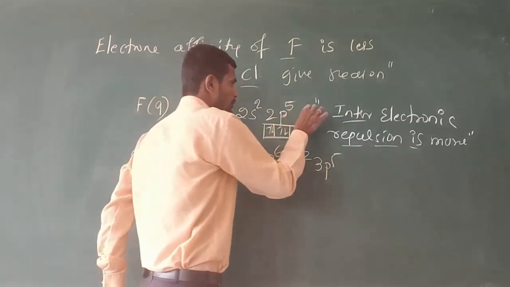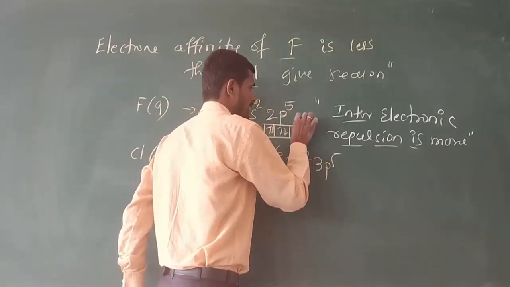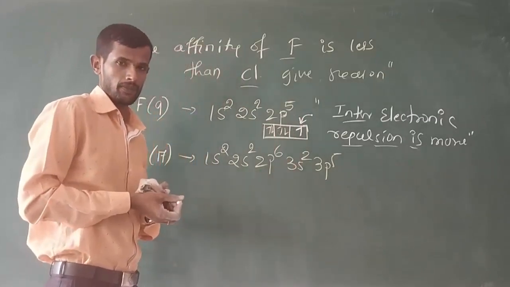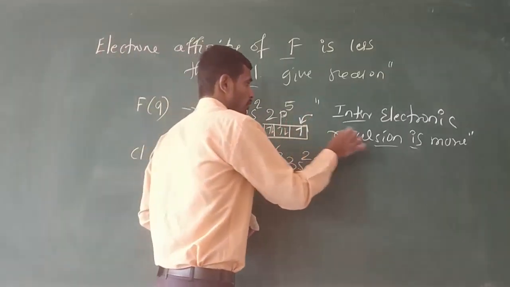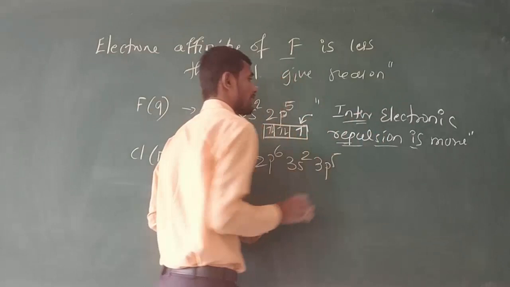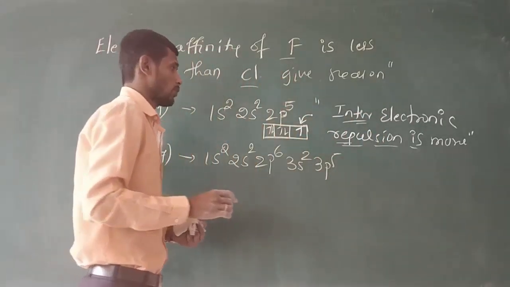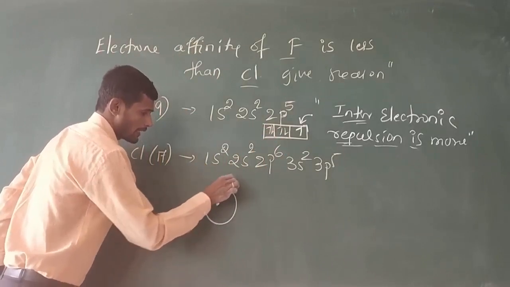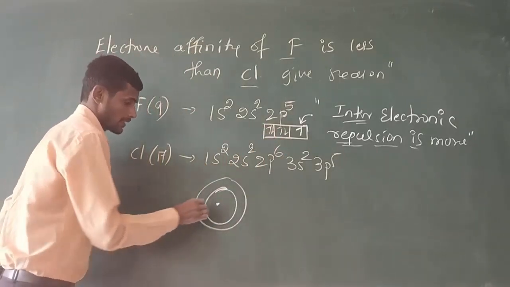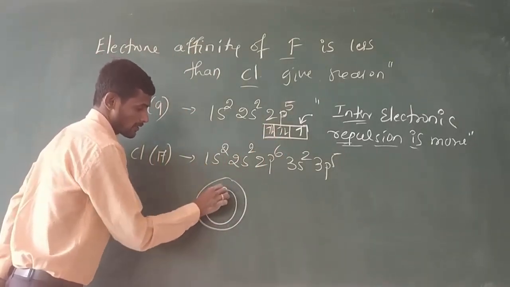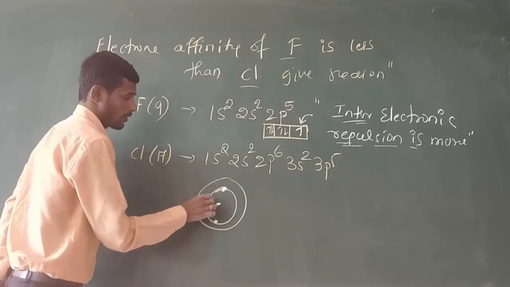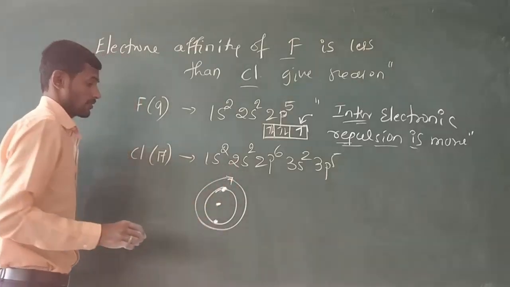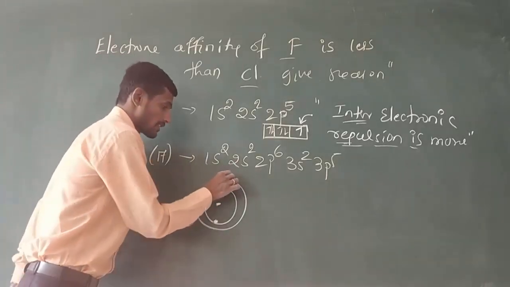Means, students, if you add an extra electron to this 2p orbital, at that time more inter-electronic repulsion is observed. Why? Because in a fluorine atom, here is the nucleus, here 2 electrons and here 7 electrons.